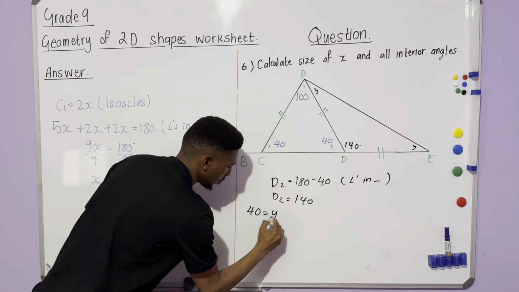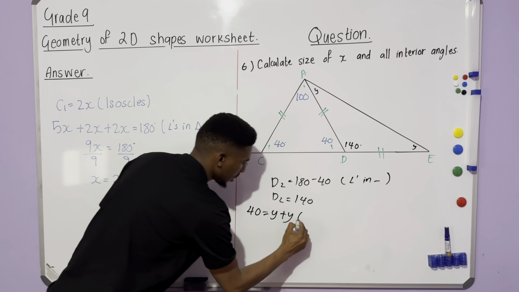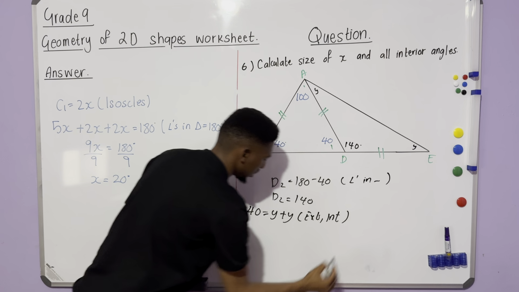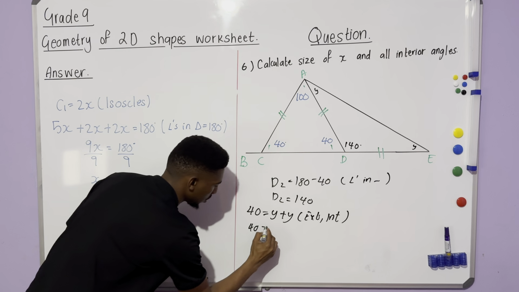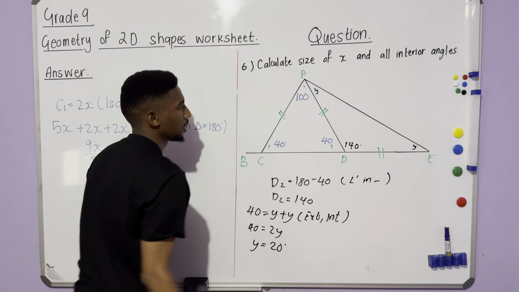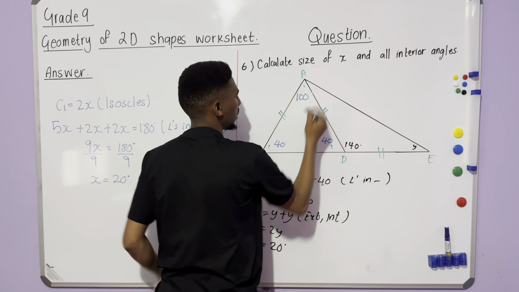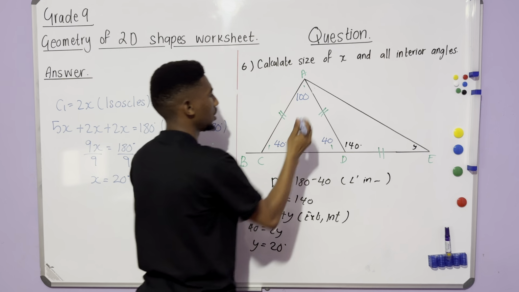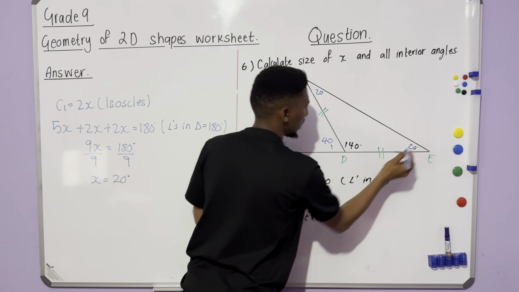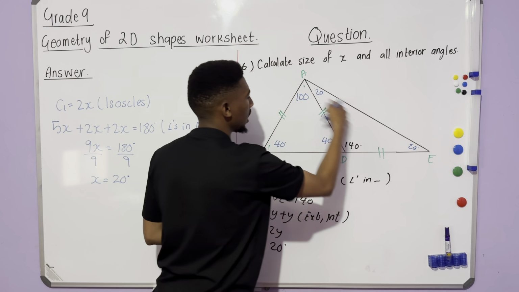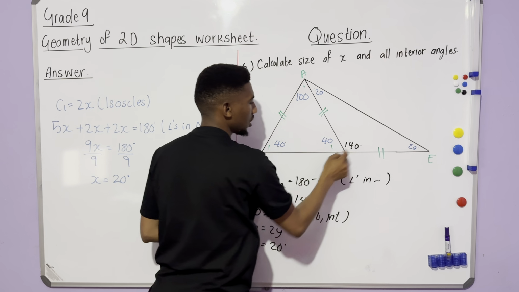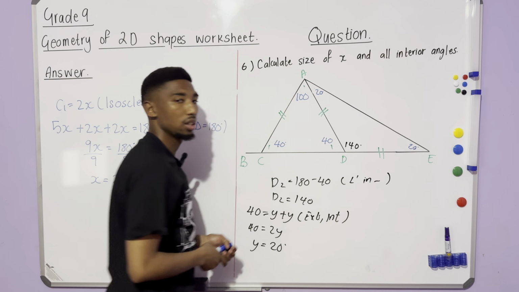So 40 equals y plus y, and interior is my reason. Now 40 equals 2y and y equals 20 degrees. That means this is 20, that's 20, and that is 20 degrees. We can double check that by adding the angles in this specific triangle: 20 plus 20 is 40, plus 140 is 180.